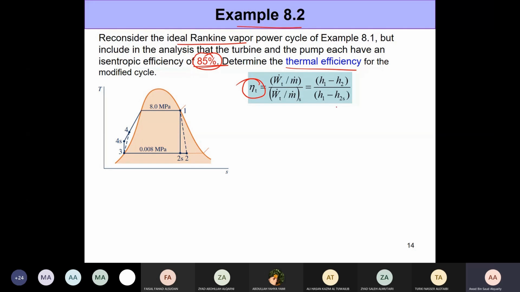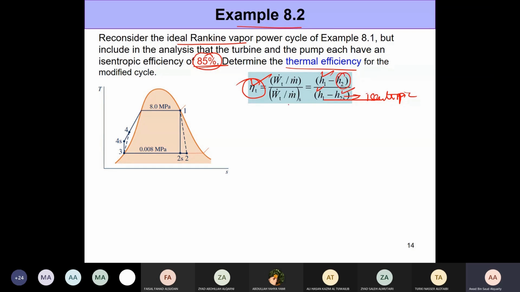So when we were looking at example 8.1, we were looking at the ideal case. We already have determined the enthalpy at state 2, but that was for an isentropic case, right? So that's H2S now. We have the value of isentropic efficiency. We know H1 already, and we in fact know S2S as well.